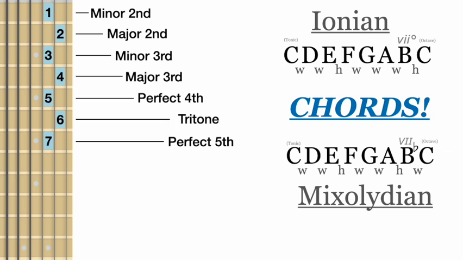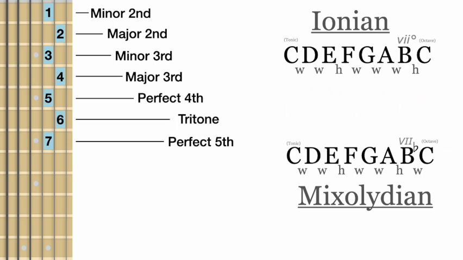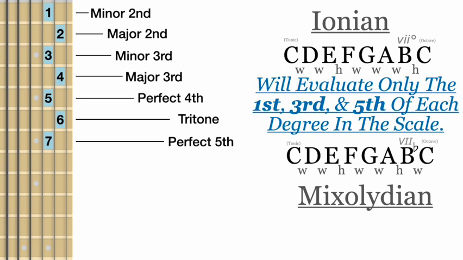So that's what I want to go ahead and dive into here. These chords are going to be evaluated based off the first, the third, and the fifth of each chord. Now, these are really the very basic chords.